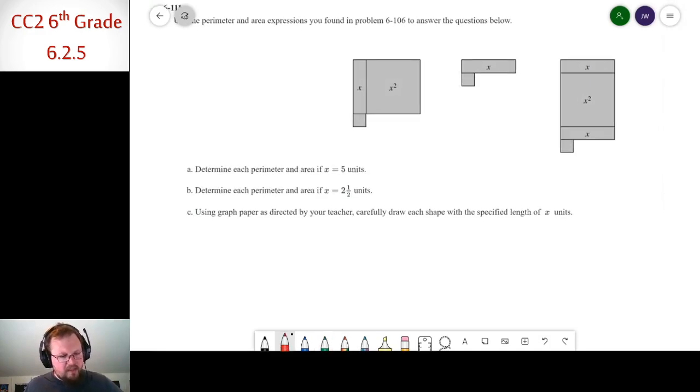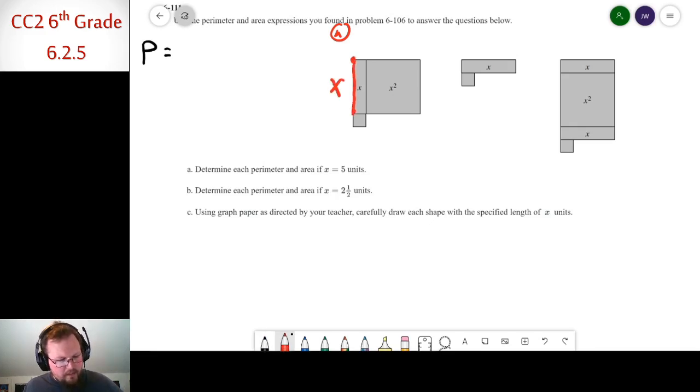So I'm going to look specifically at this first one, part A, or the first shape here. And then it says to take the perimeter and area expressions that you found in the homework to answer these questions. So I'm going to start with the perimeter using the same topics that we did before. I'm going to label all of these.